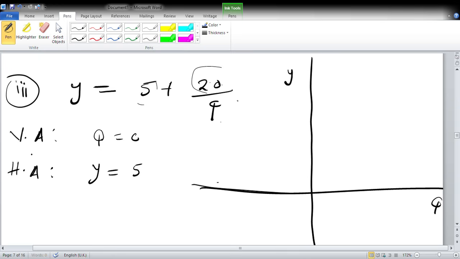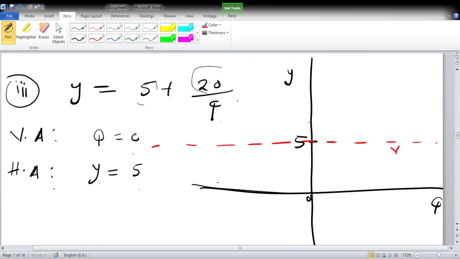So vertical asymptote, q equal to 0, it is still this same straight line, x equal to 0. This same y-axis is q equal to 0. Horizontal asymptote, y equal to 5, it should cross at 5 on the y-axis. Maybe 5 is somewhere here. So that will be my horizontal asymptote here.